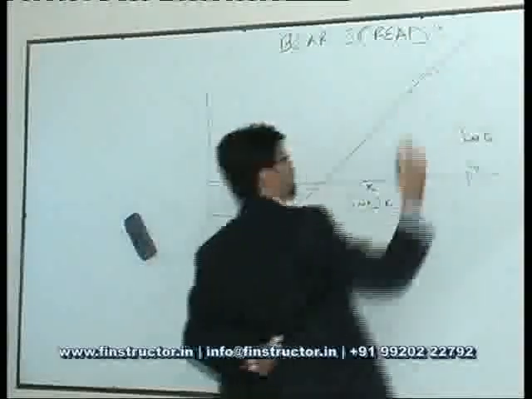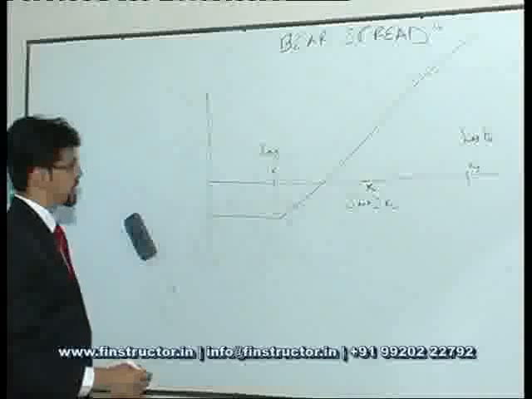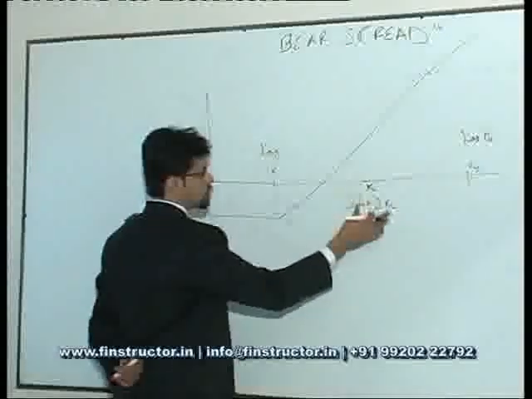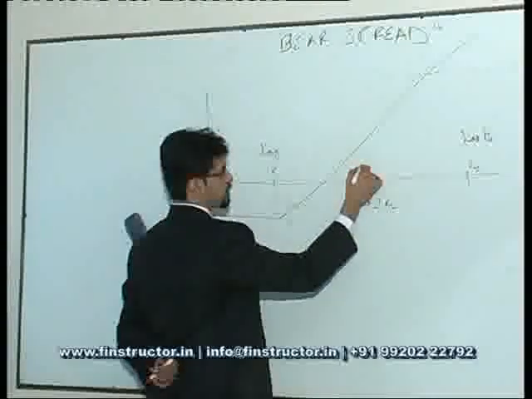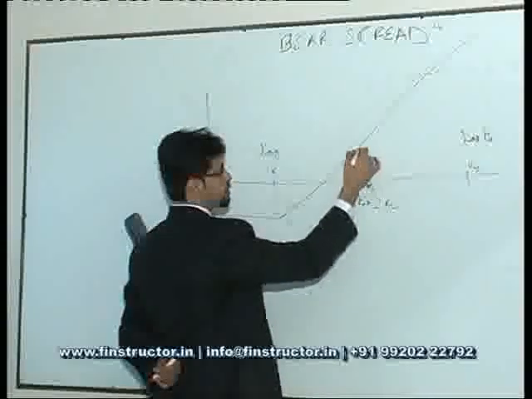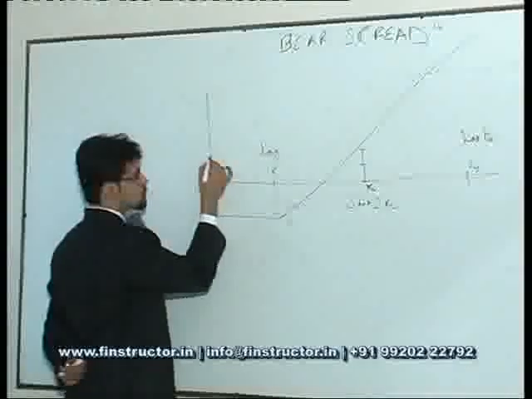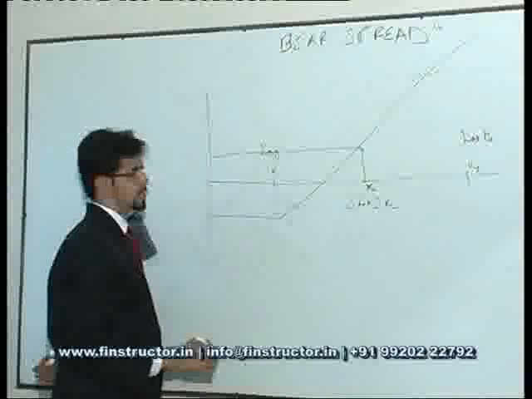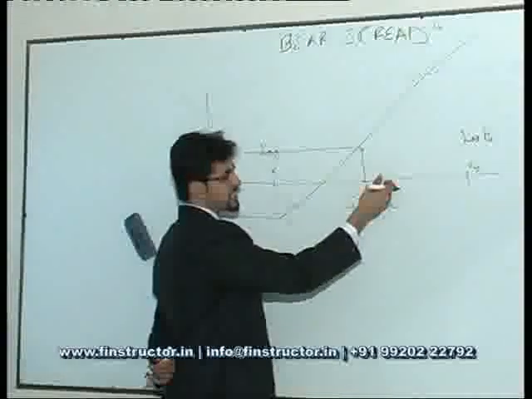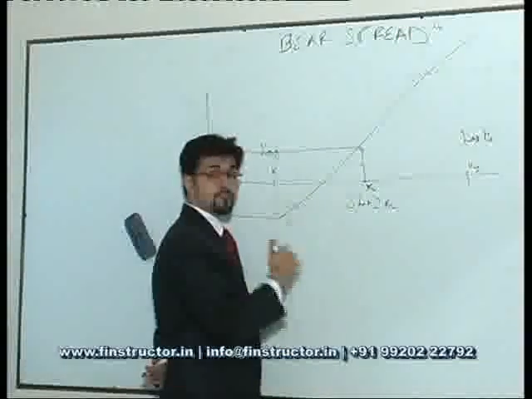So this will be the payoff on my first option K1. On the 2 short options, this is the premium for the first, the premium on the second. So I will receive this premium as long as the spot is less than K2. For every 1 unit increase hereafter, I will have 2 units of loss.